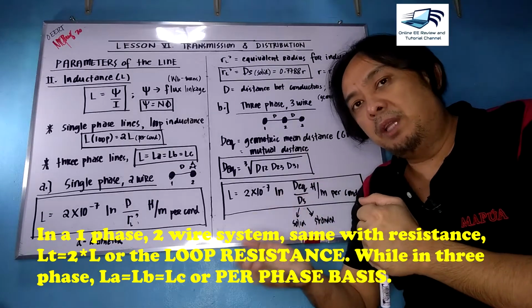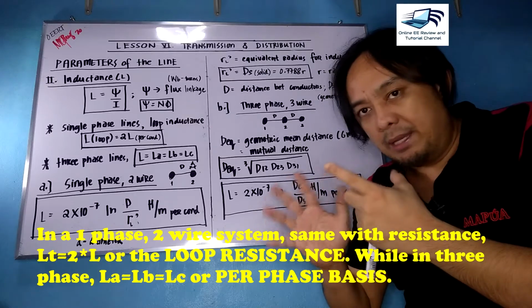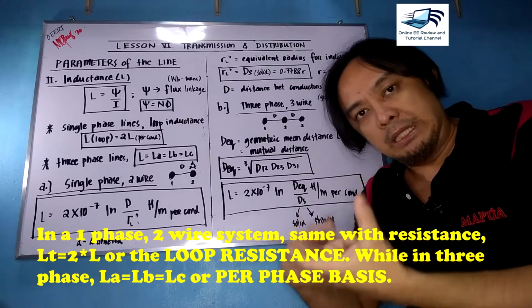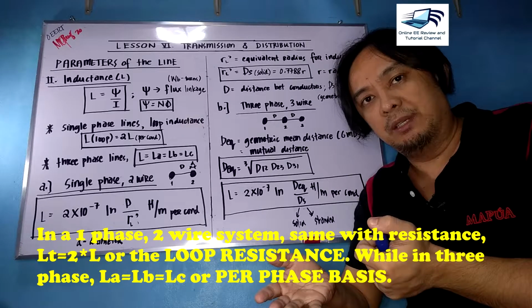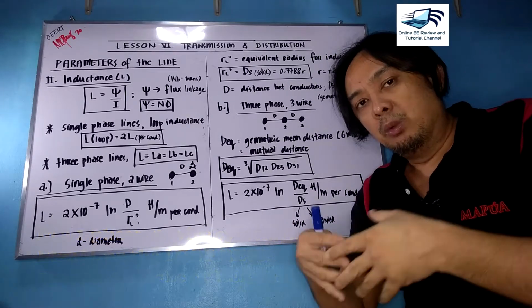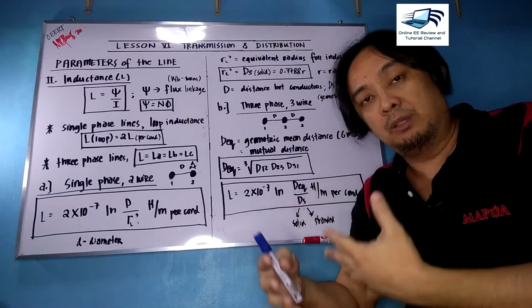If you have a 3-phase line, inductance must be balanced. If mutual inductance is involved, your Y matrix or even your modeling of the transmission line will have a different configuration.